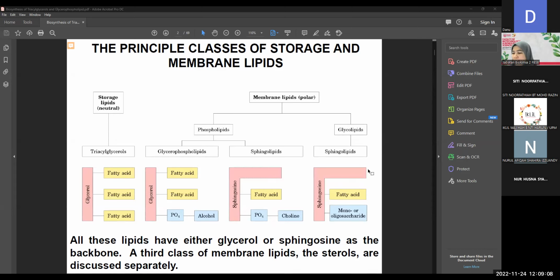So that differentiates between sphingolipid that falls under phospholipid and sphingolipid that falls under glycolipids.